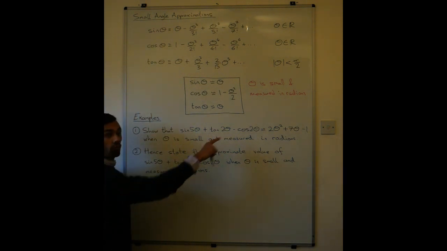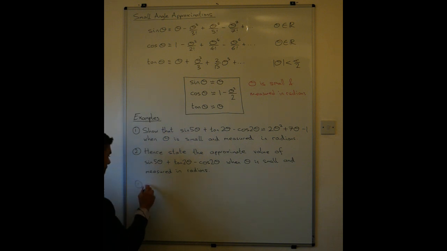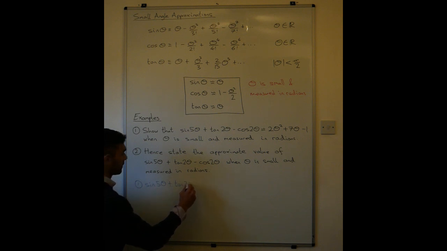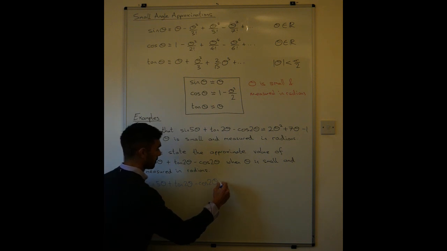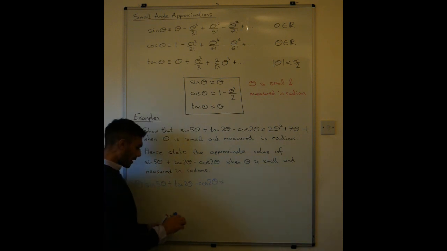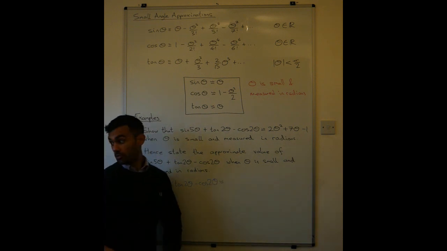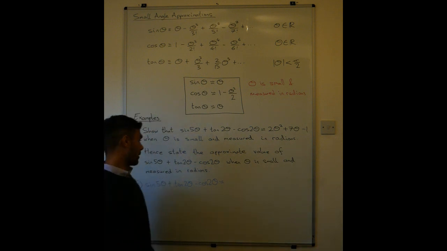So we can kick it off writing out our trig expression. And then you simply just use the three formulas. You get them in the booklet, which is great news.